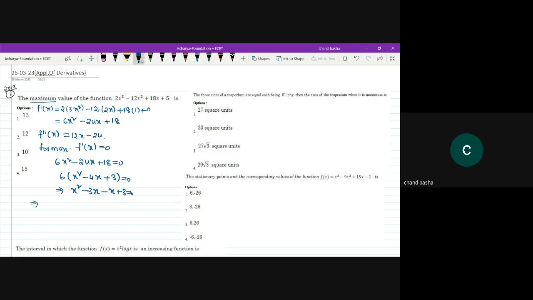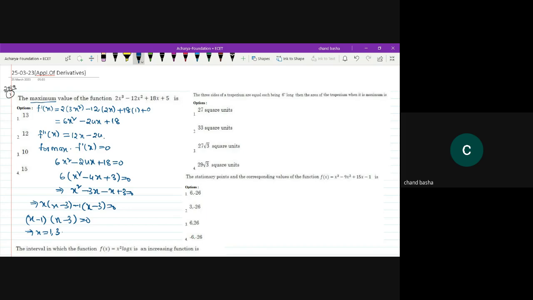Take x as common, it is x minus 3. Minus 1 will be common, again x minus 3 is equal to 0. So we have the two factors, x minus 1 and x minus 3 equal to 0. From this, I got two different values of x: x is equal to 1, 3.